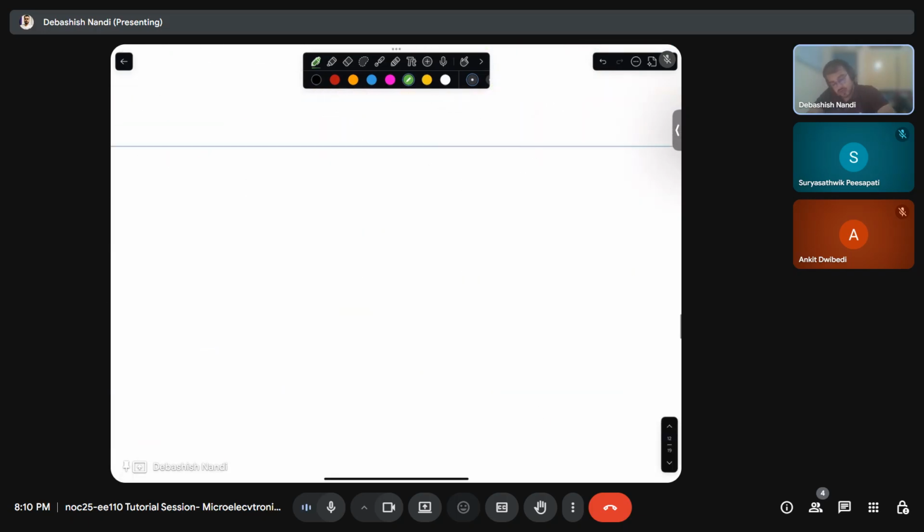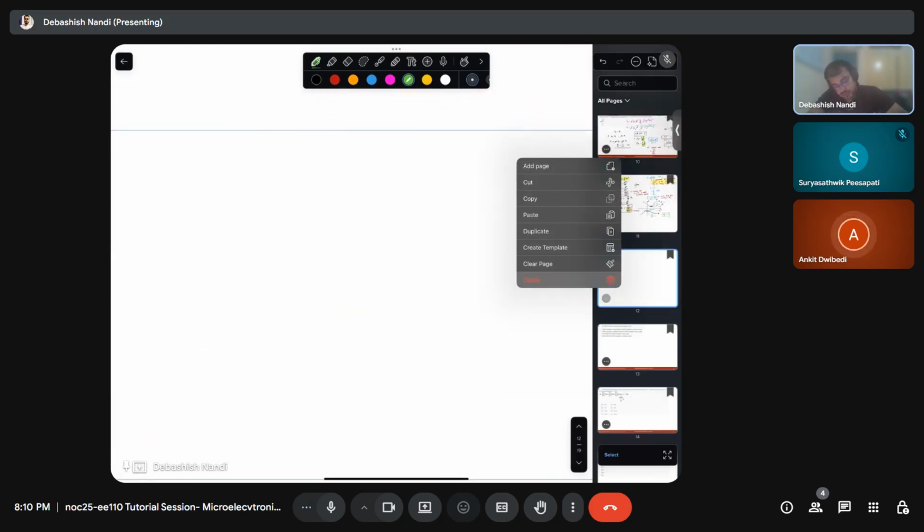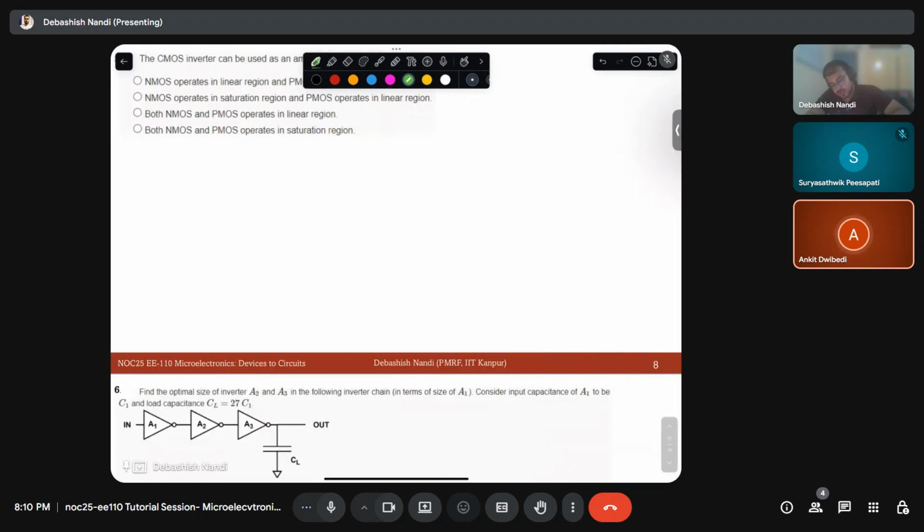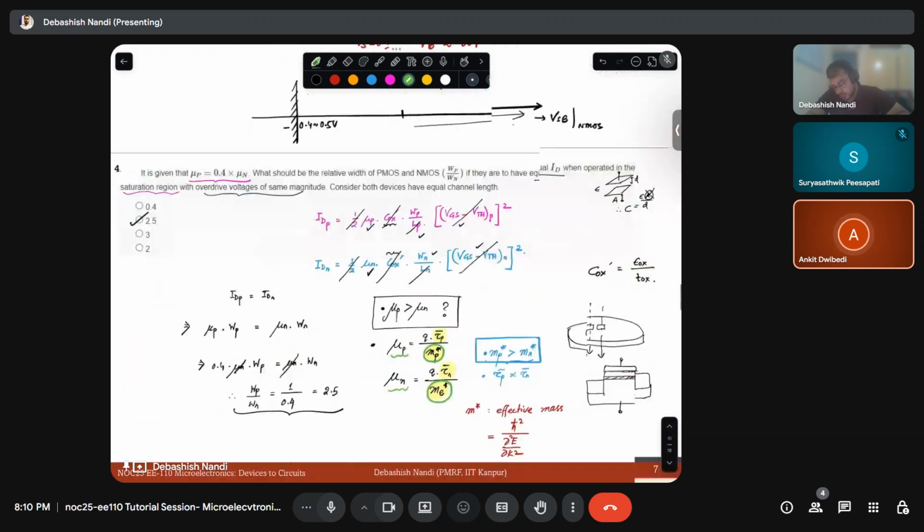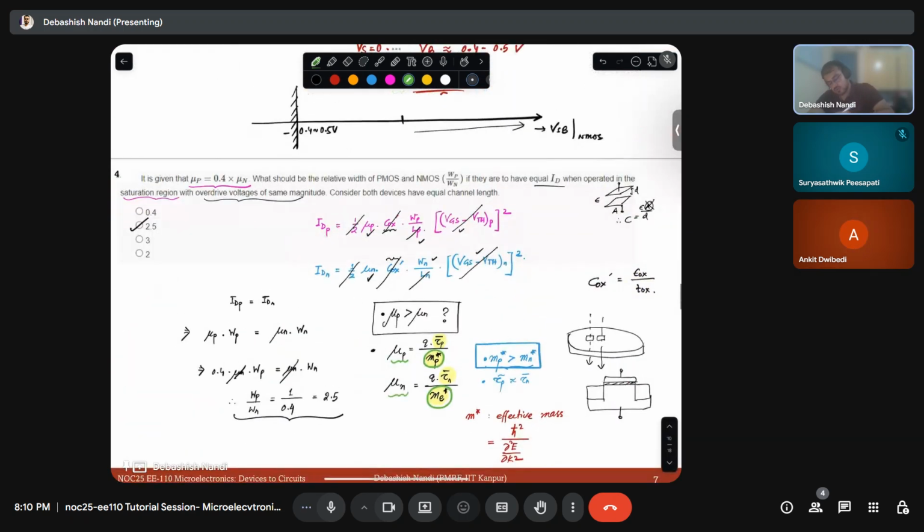We'll move on. But in the question it is higher, right, sir? Mu p is greater than mu n. No. What do you think? Oh, it's lower. Sir, I think the symbol you have drawn in that is greater than. Oh, okay.